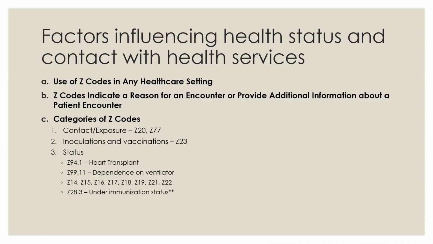Z15, genetic susceptibility to a disease, indicates that a person has a gene that increases the risk of that person developing the disease. Codes from category Z15 should generally not be used as a principal or first listed code.